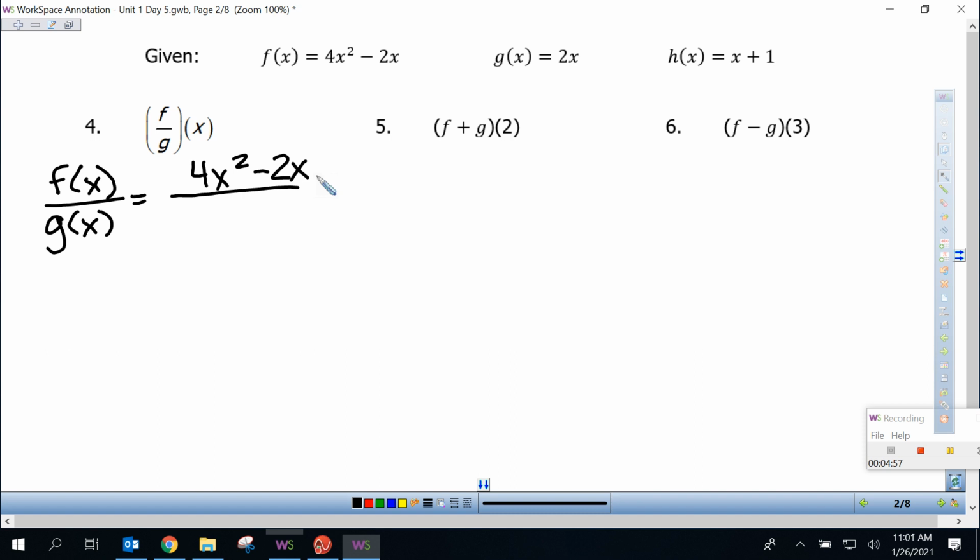And what do I put for g of x? 2x. No, we need to go ahead and divide those. So what is 4x squared divided by 2x? 2x. And what is negative 2x divided by 2x? Negative 1. So the answer is 2x minus 1.